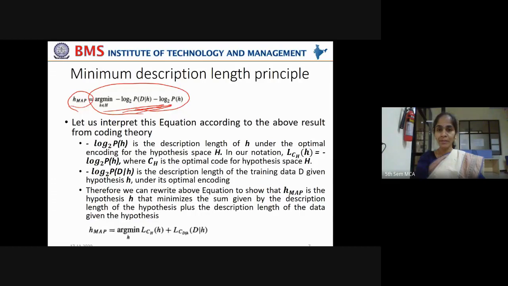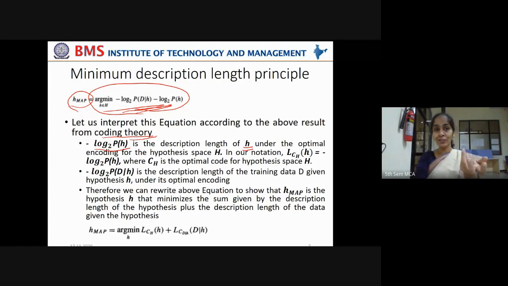Now let us interpret this equation according to the above result from the coding theory. Let us take the context of information coding theory and understand this minimum description length principle. Now, minus log to the base 2 P of H is the description length of H. Instead of message i, we slowly transform that to suit our context, that is hypothesis.